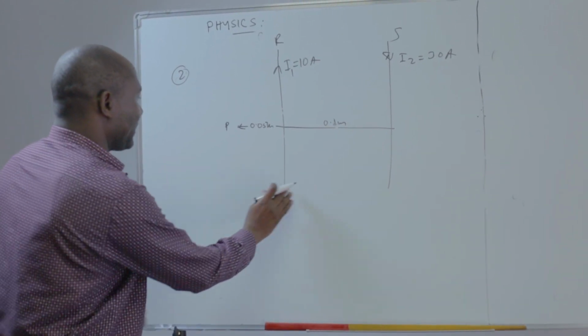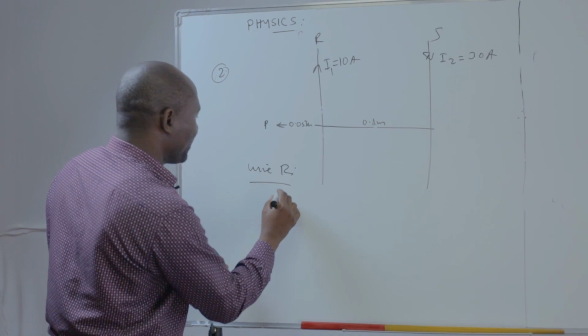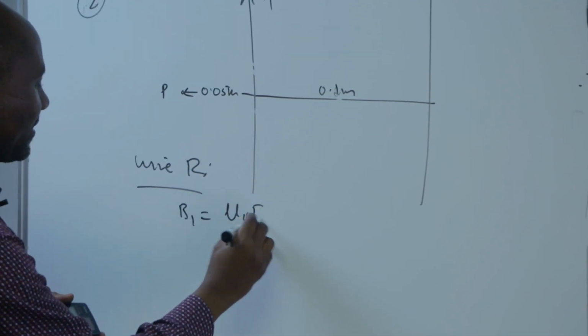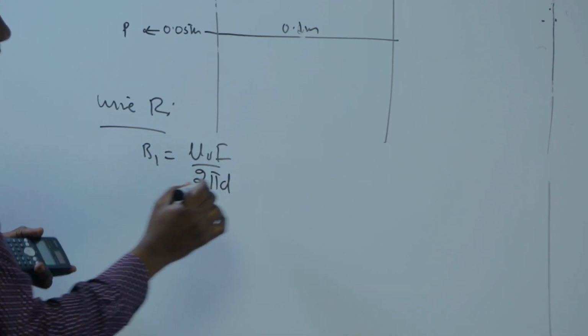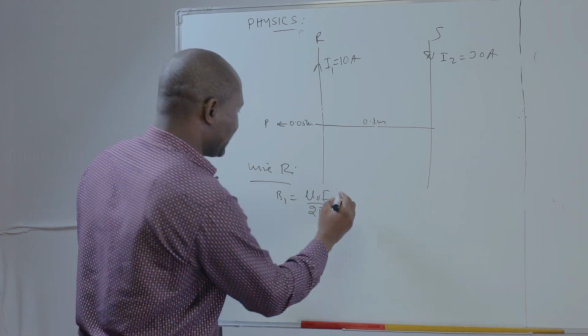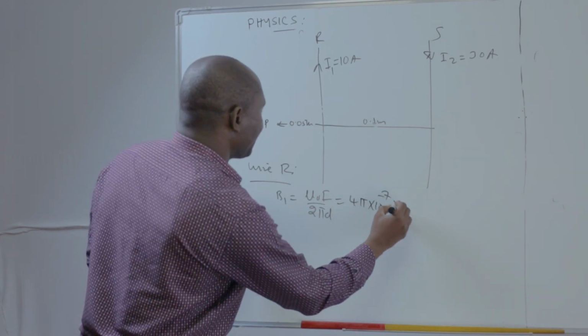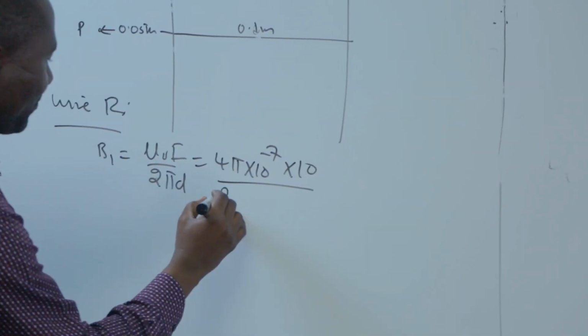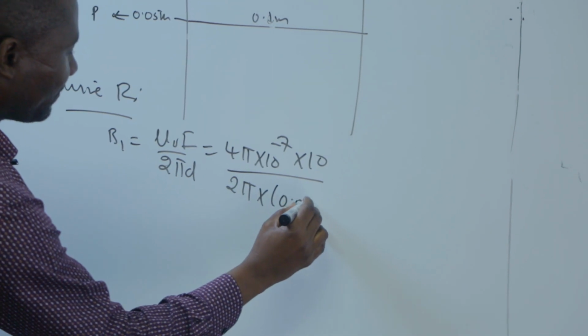Let's consider R, where we have B1 equals mu I over 2 pi D, which means it's given by 4 pi times 10 negative 7 times 10 over 2 pi times the distance, which here is 0.05.